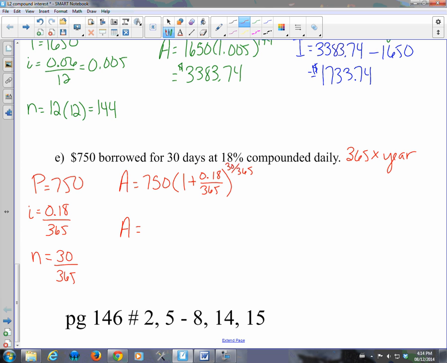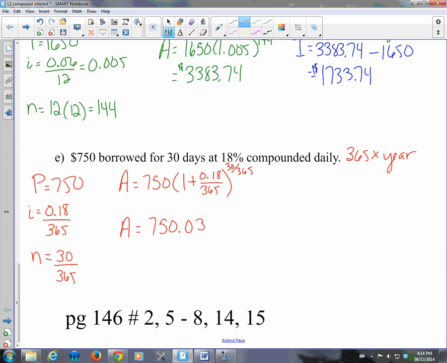You're going to want to put a bracket around your exponent. And I've got $750.03. Now I'm going to double check that.